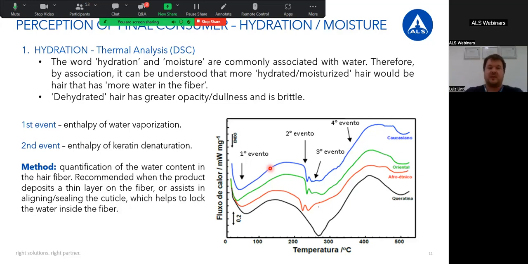And of course, hair with more water molecules inside the fiber has more shine and is not so brittle, has a higher strength when we are brushing the hair, for example.